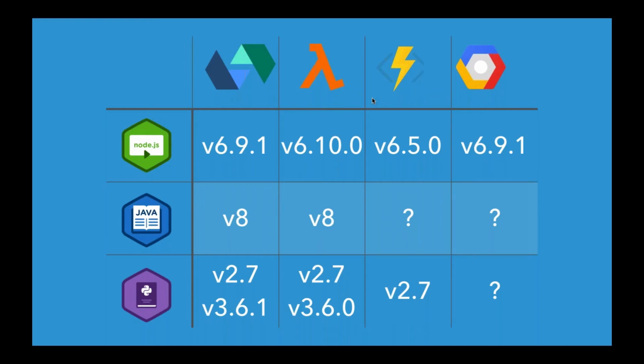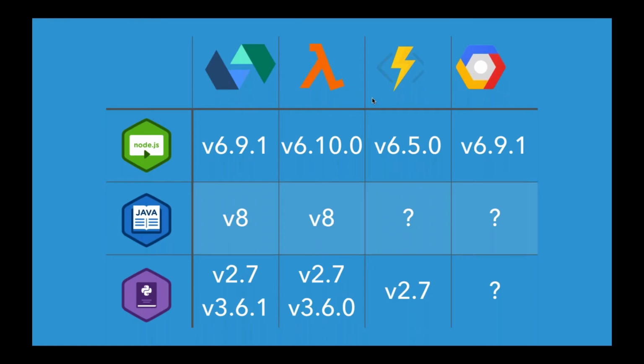OpenWhisk is Node 6.9.1, as is Google Cloud. Azure has 6.5, and AWS Lambda has 6.10, or they just released 6.10. They've been on 4 for quite a long time. So if you're building modern JavaScript for Node v6 and above, you shouldn't really have any problems running your code on any of the providers, which is pretty awesome.